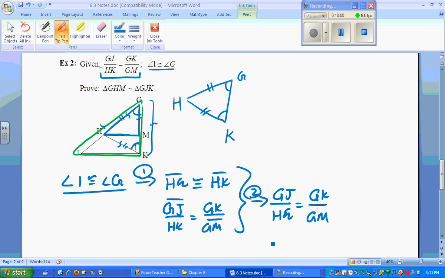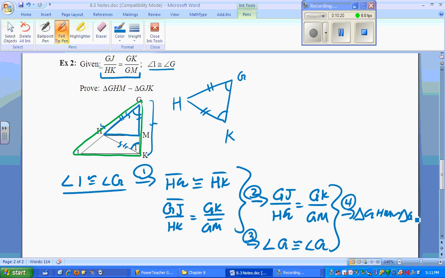So there's my double proportion. I get angle G congruent to angle G, and I can finish it up with reason 4. The triangle GHM is similar to triangle GJK.